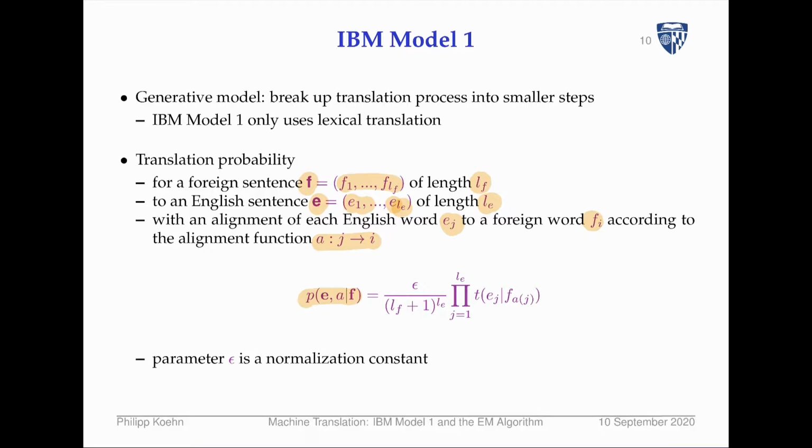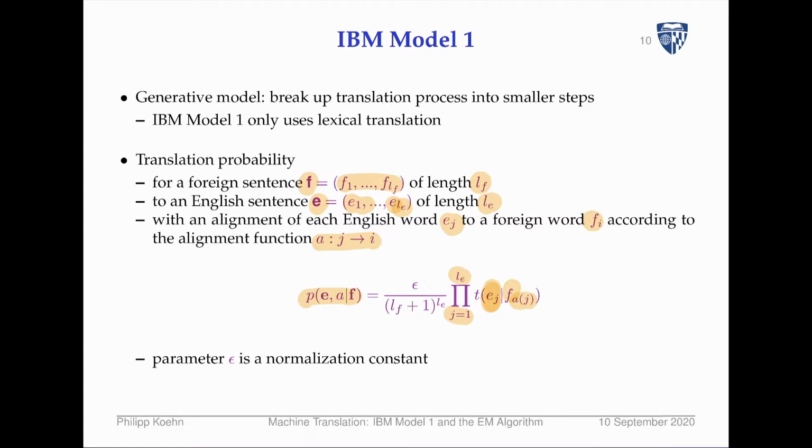So how do we do this? We have to explain each English word. We're going to loop through all of them, j from 1 to the length of the sentence. We explain each English word. What do we explain each English word by? Well, by the foreign word that j is aligned to.